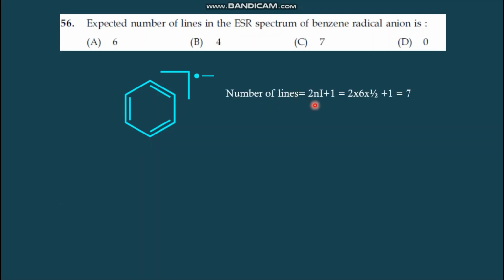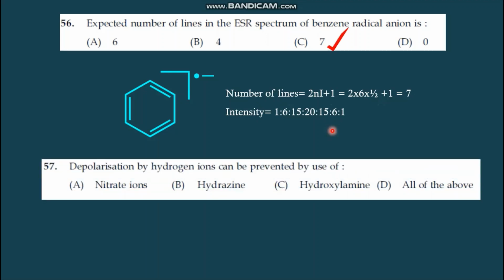So number of lines we can write as 2nI plus 1, and the value of n here is 6, so we can write 2 into 6 into 1/2 plus 1, that is equal to 7. So number of lines will be 7, and the intensity ratio will be 1:6:15:20:15:6:1. So the answer is option C, 7.